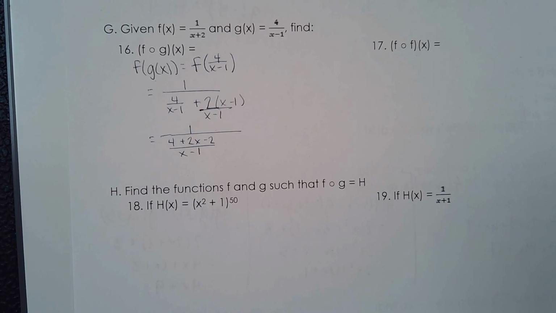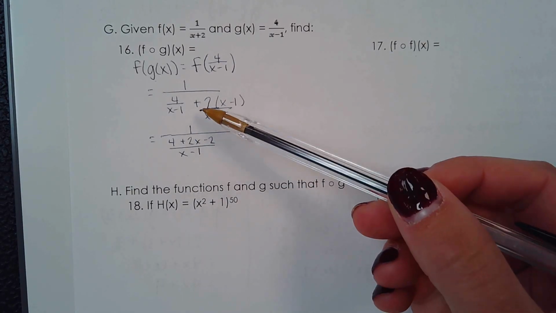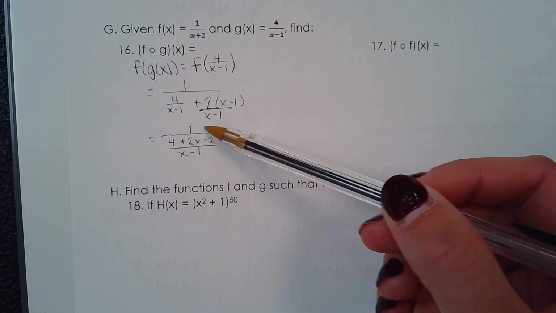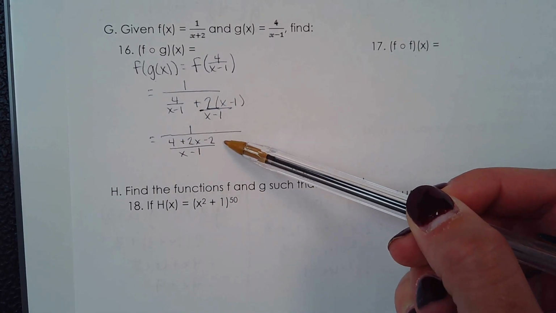All right. So when you're dividing by a fraction, what are you really doing? It's really like 1 times x minus 1 over whatever this simplifies into. Does that make sense?